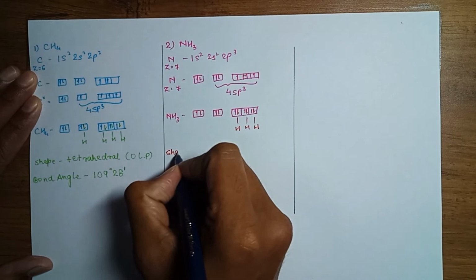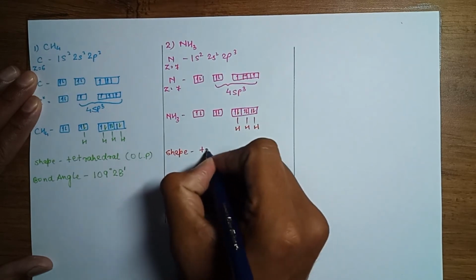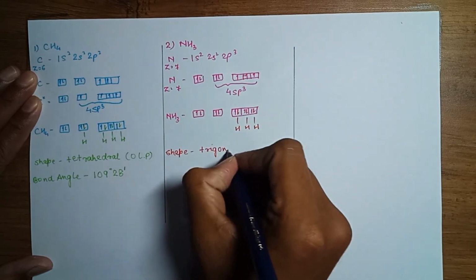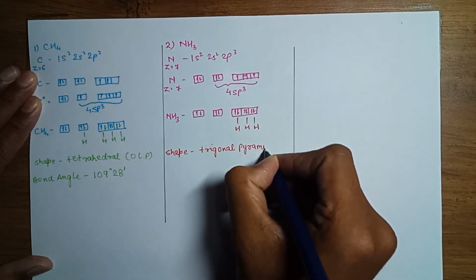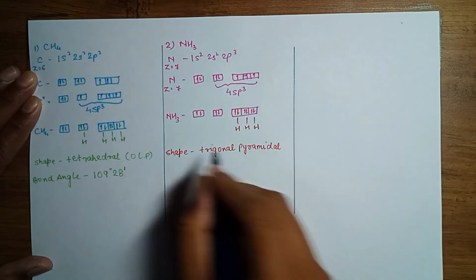Shape will be trigonal pyramidal. Why trigonal pyramidal?